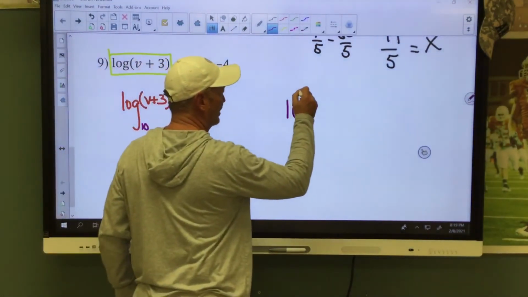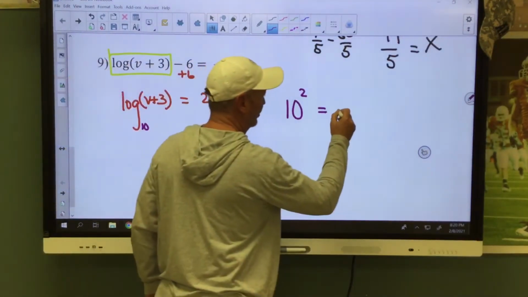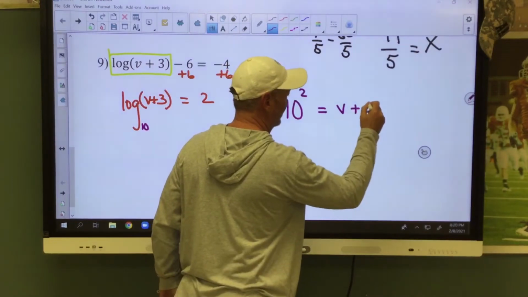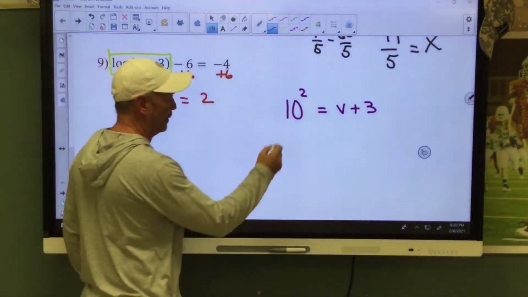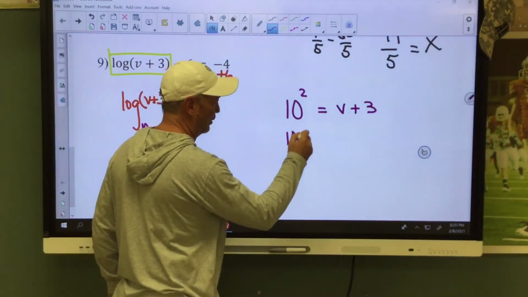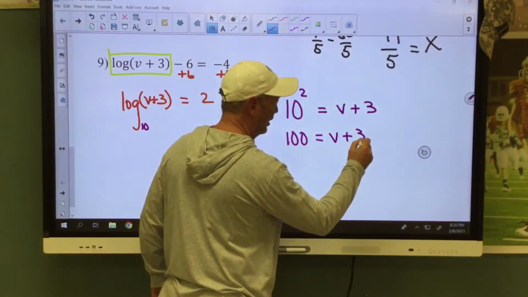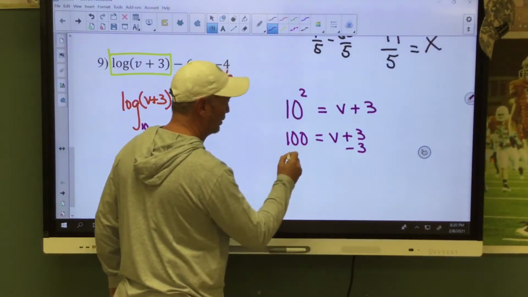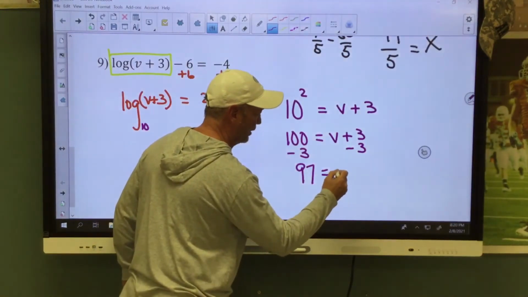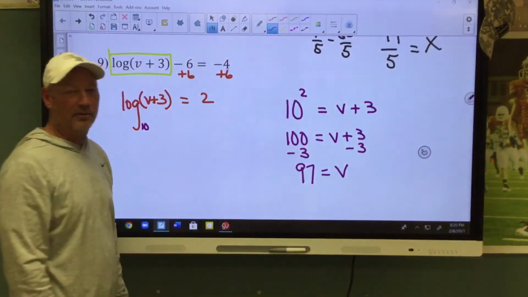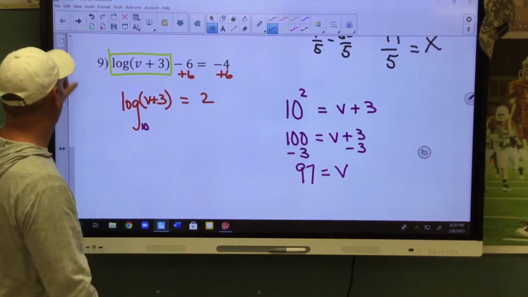So that's 10 to the second equals v plus 3. And we know that 10 times 10 is 100 equals v plus 3. We subtract 3, we subtract 3, we get 97 equals v. There's my answer. Okay? All right, let's try a couple more.